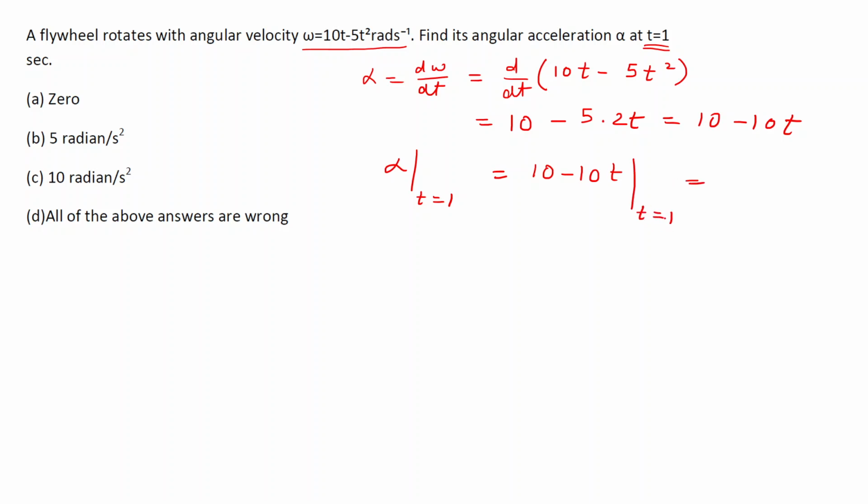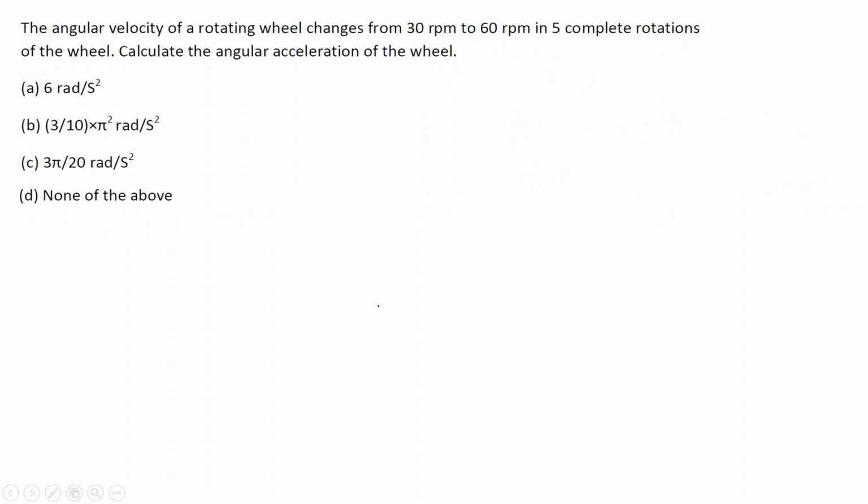When we substitute t equal to 1 in this expression, we get alpha equal to 10 minus 10, which is 0. So the angular acceleration at t equal to 1 second will be 0. This is the answer. And now the next question.